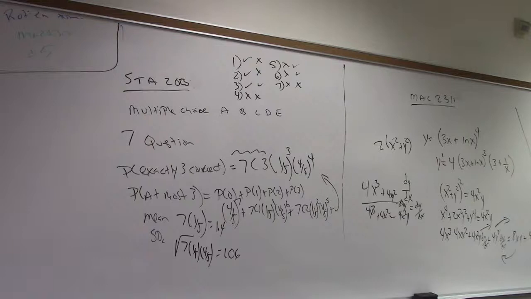So that's just 2x. So this is going to be e to the x plus 2x over the square root of 2x squared plus 5, over e to the x, plus the square root of 2x squared plus 5. Okay? Plus this piece.